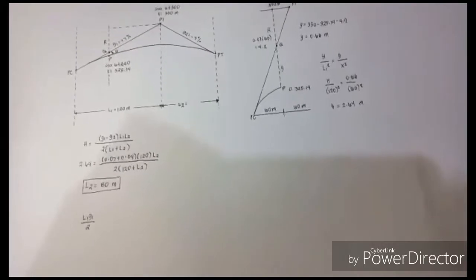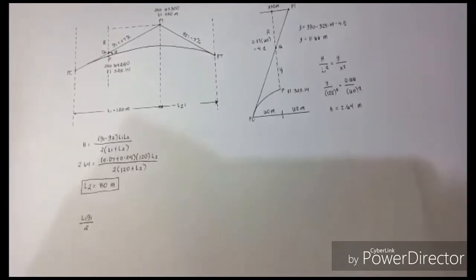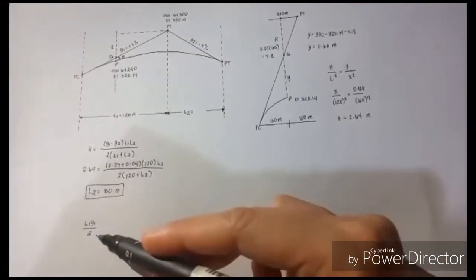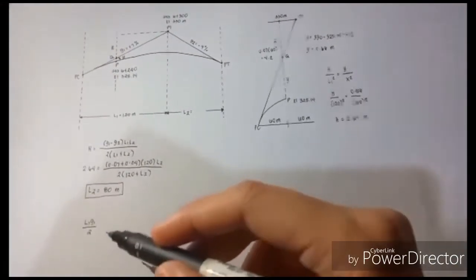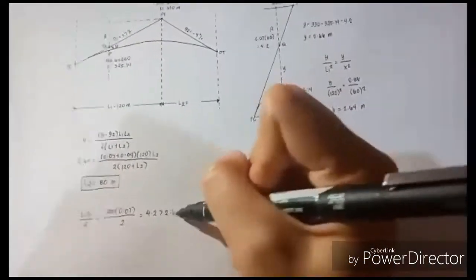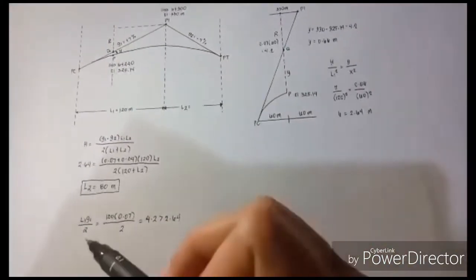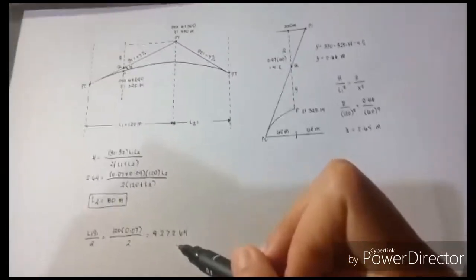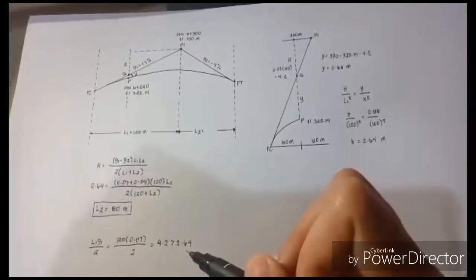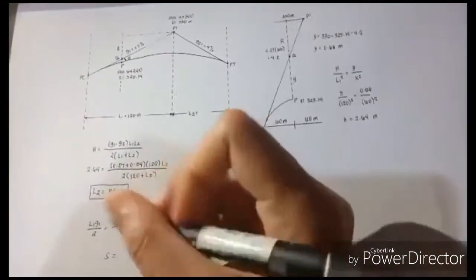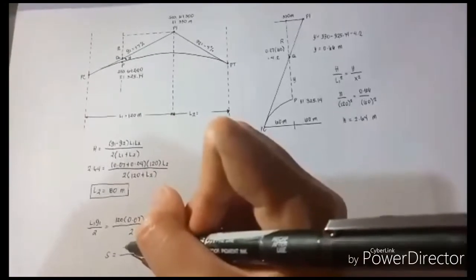So, for the next question is to determine the station and elevation of the highest point of the curve. So, we must firstly use this formula, L sub 1 times G sub 1 over 2. And since the result of L sub 1 times G sub 1 over 2 is 4.2, which is greater than the value of H, 2.64, we will now then use this formula from PT.